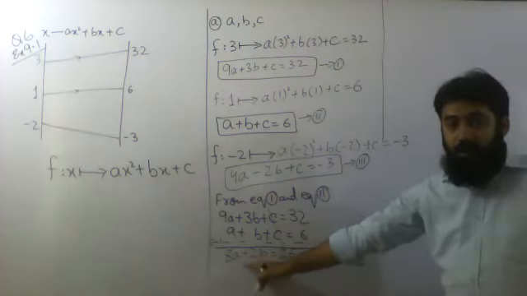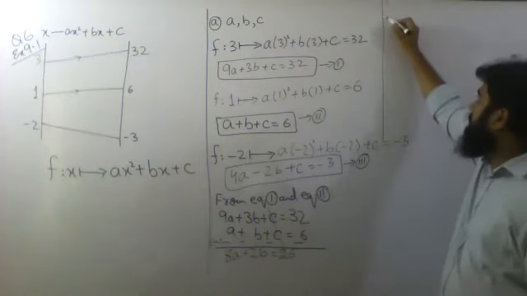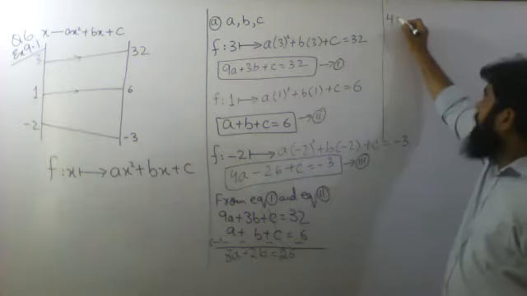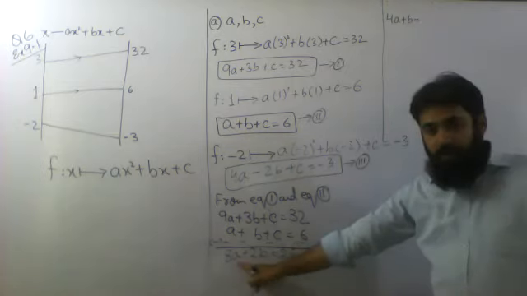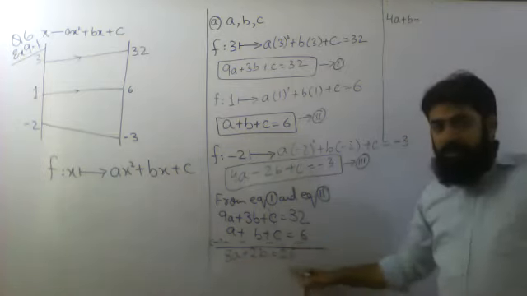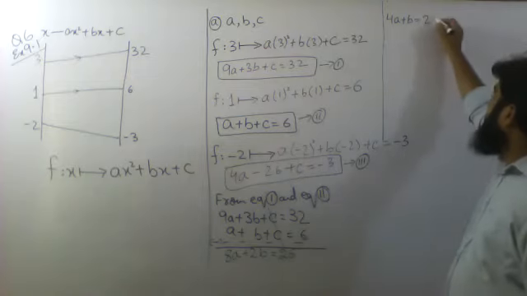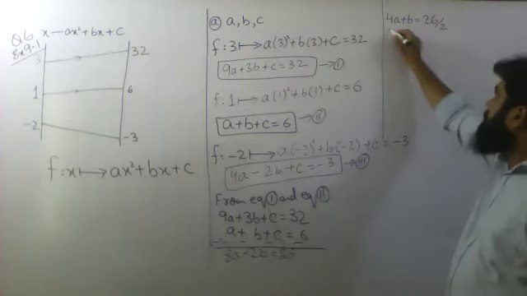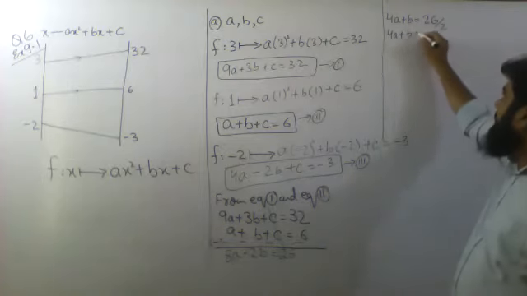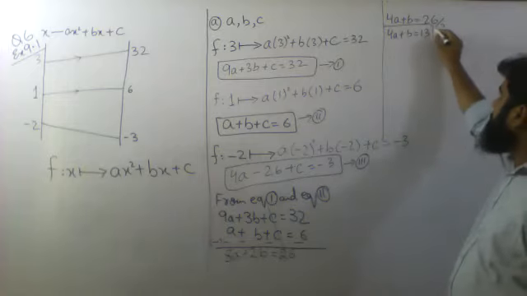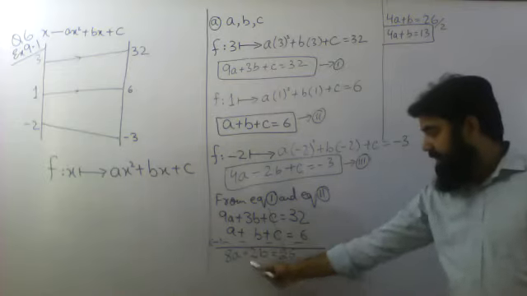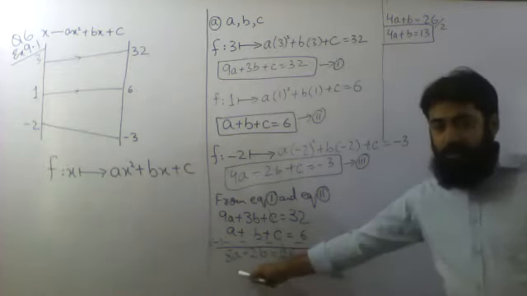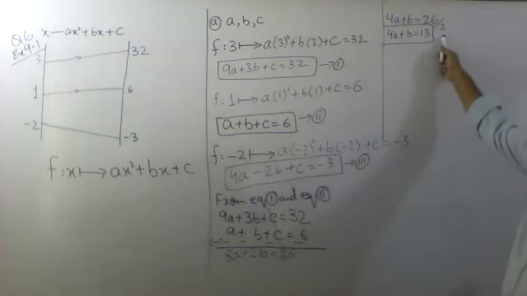If I take 2 common from this one, 4a plus b equals, I have taken 2 common and I am shifting it to the other side, 26 over 2. So 4a plus b equals 13. I have simplified this thing, taken 2 common, shifted it to the other side. This is my next equation.